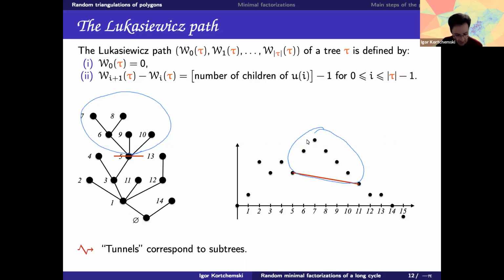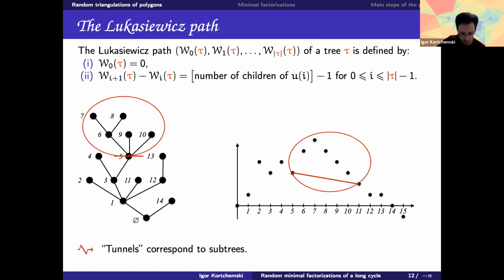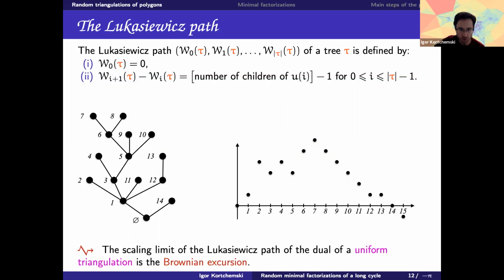So in this coding, we have a correspondence between tunnels and subtrees. And in the case of random triangulations, we have uniform binary trees, which correspond to a very nice path. And in this case, the scaling limit of the Lukasiewicz path of the dual of a uniform triangulation is the Brownian excursion. And this is just Donsker's invariance principle in its conditioned form.